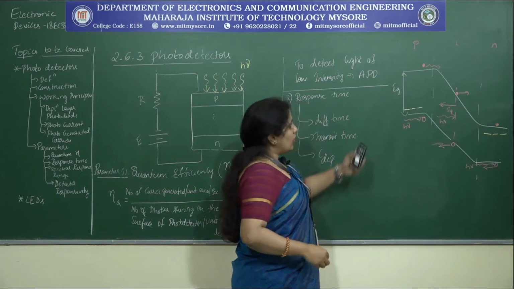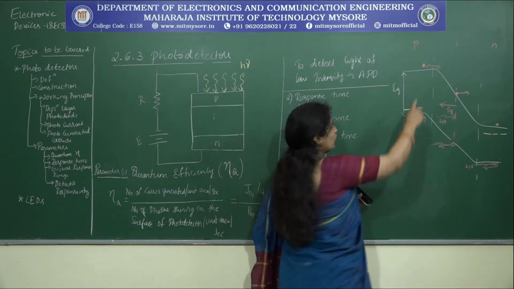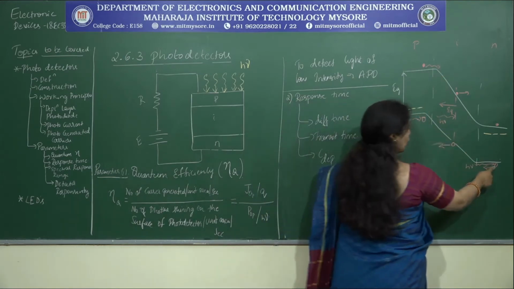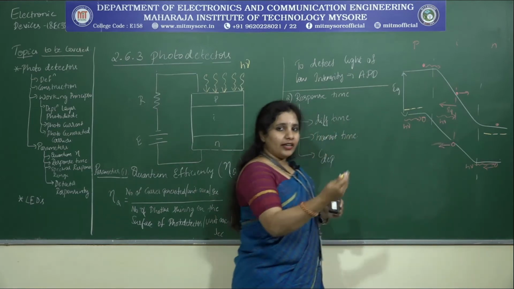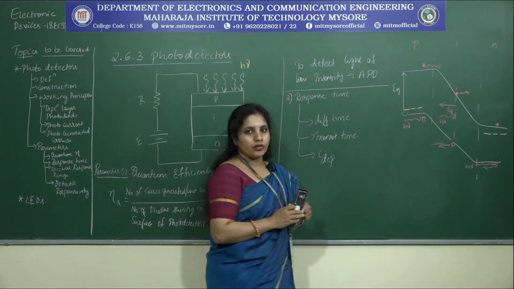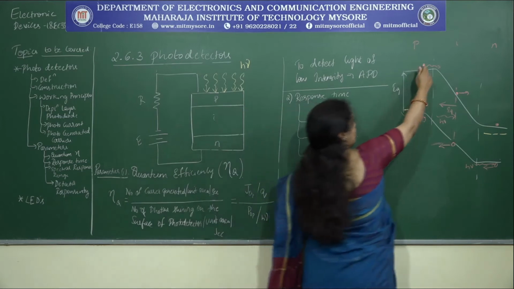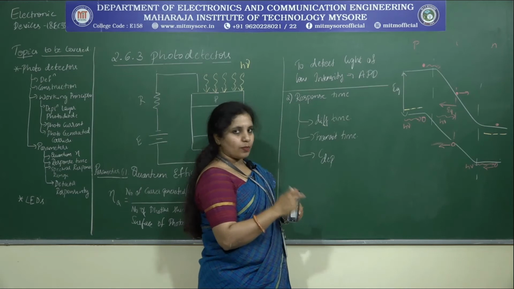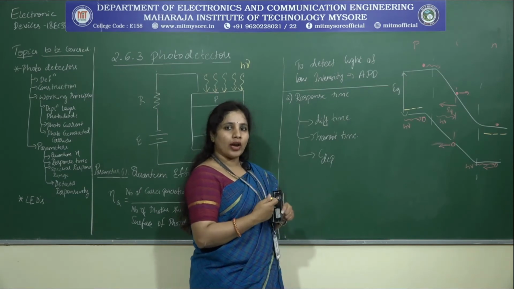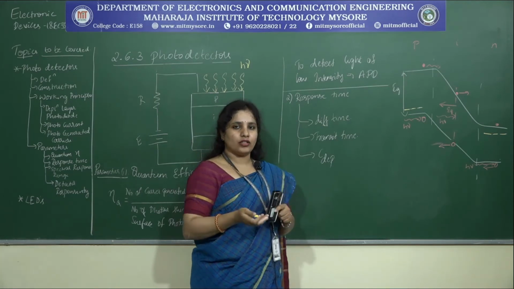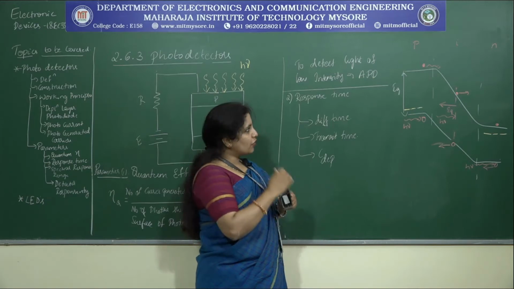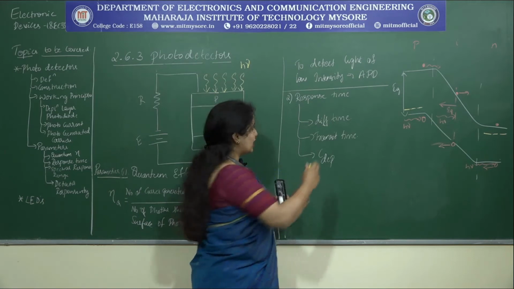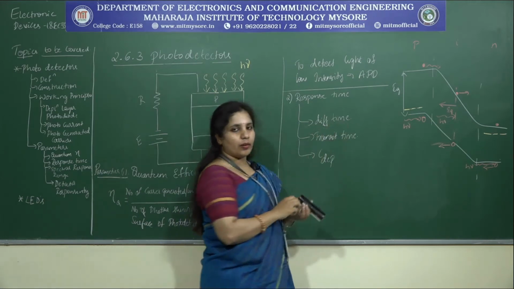In this particular diagram, as I mentioned, there is an electron that is getting diffused into the intrinsic material. Similarly, there is a hole which gets diffused into this, and then it is diffused to the P and N regions, right? Now, when this diffusion happens, does it have to take place at a faster rate or a slower rate in order to identify different intensities of light? That diffusion process has to take place in a shorter period of time. That is what I am referring to as the diffusion time.